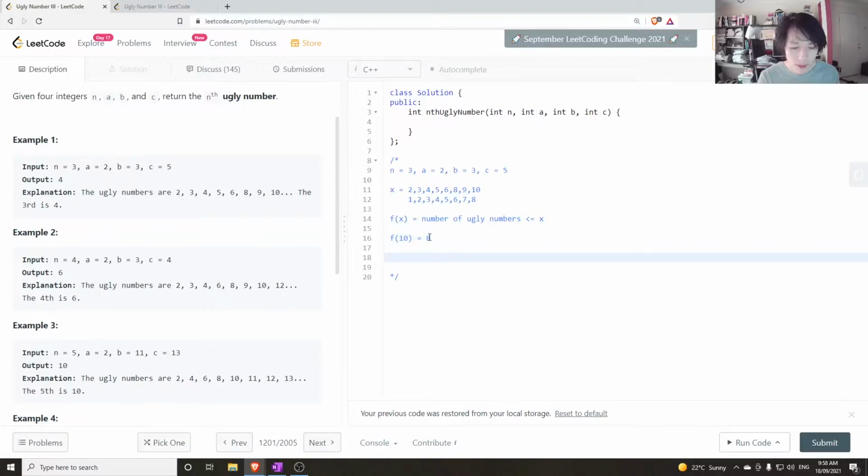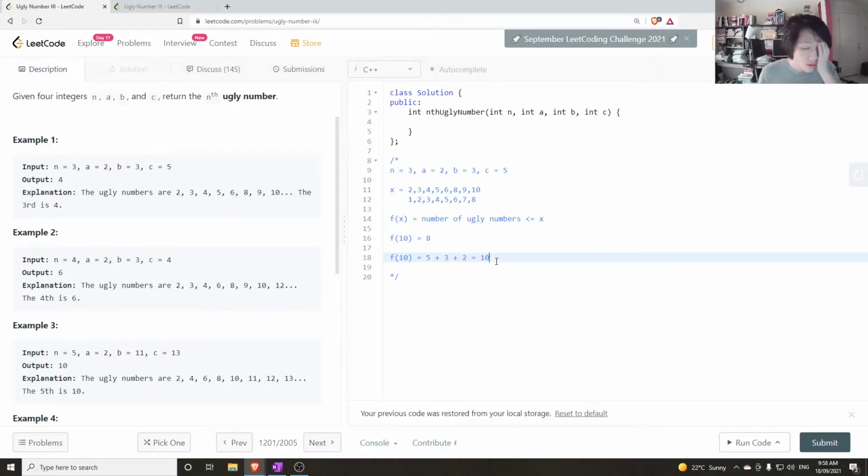Maybe we can do something like, how many times does 2 go into 10? That'll be 10 divided by 2, which is 5 times. And we could do 10 divided by 3, which goes in 3 times, plus how many times 5 goes into 10, 2 times.